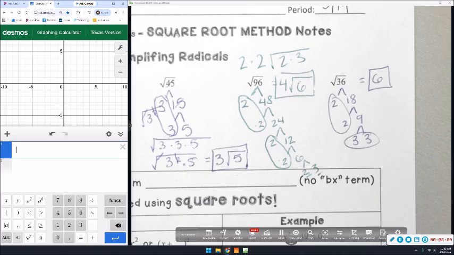Is 1 a perfect square number? Yes, because 1 times 1 is 1. Okay, anything that has a double to multiply to give it to you is a perfect square number. So you can always double check what you're taking a radical of, and if it doesn't give you a decimal, then you don't have to do the factor tree. So like here, we did not technically have to do the factor tree, but I wanted y'all to see what happens. Cool?